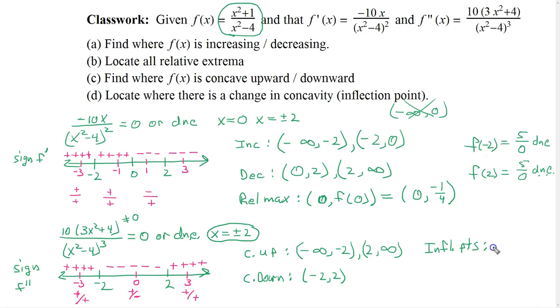So there are no inflection points. We do have changes in concavity, but no inflection points. So there, we found where we're increasing, decreasing, concave up and down. We've identified a relative maximum, and we see that we have no inflection points. Let's check out the graph of this function and see if everything matches up with what we found.